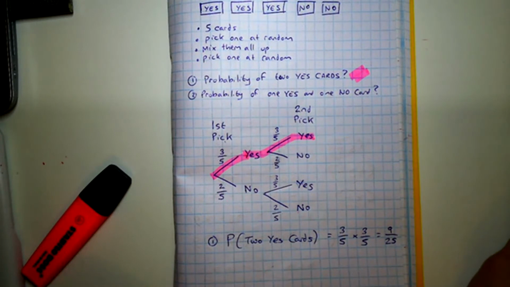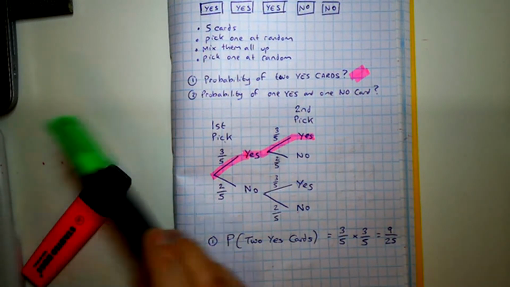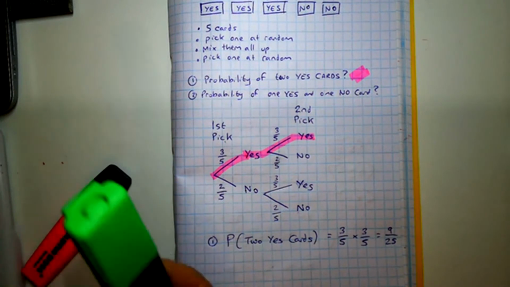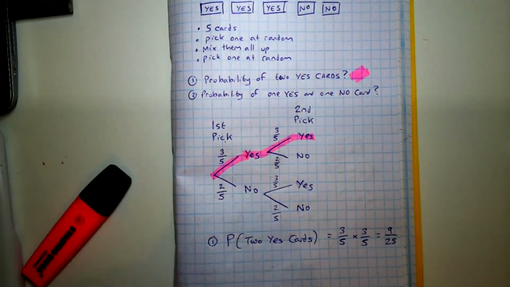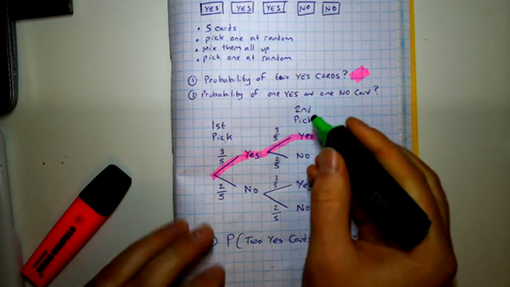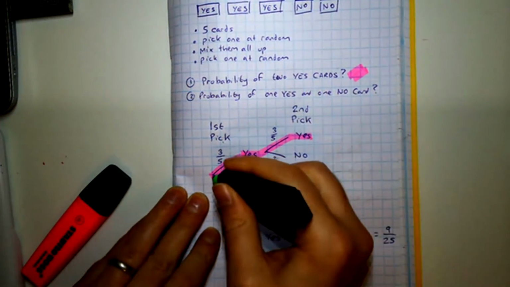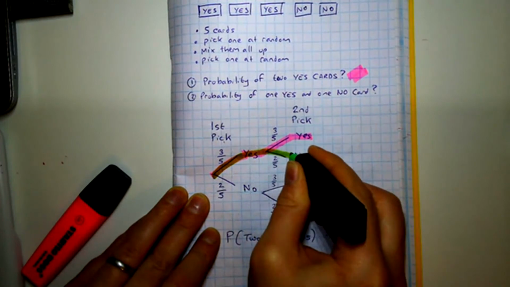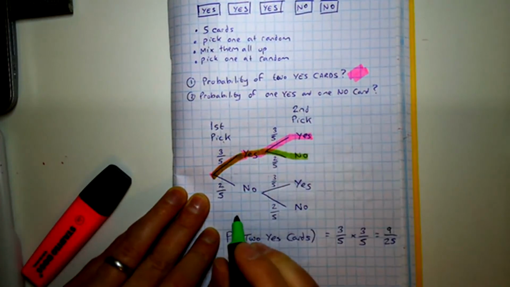Now the second one, we've got probability of 1 yes and 1 no. So I'm going to, again, using some different color highlighters, figure out how that could happen. So 1 yes and 1 no. So maybe it's that branch there.